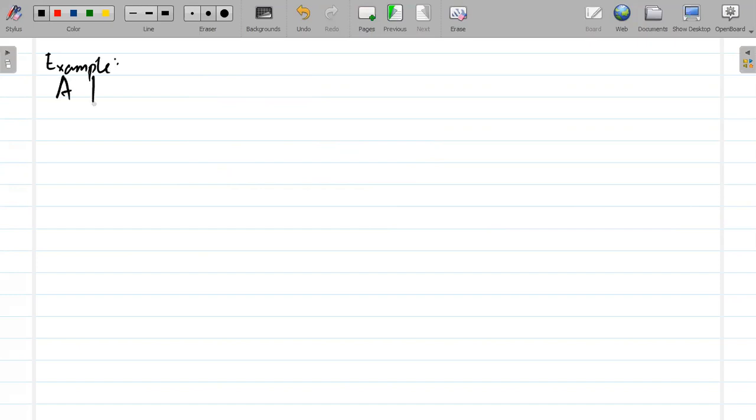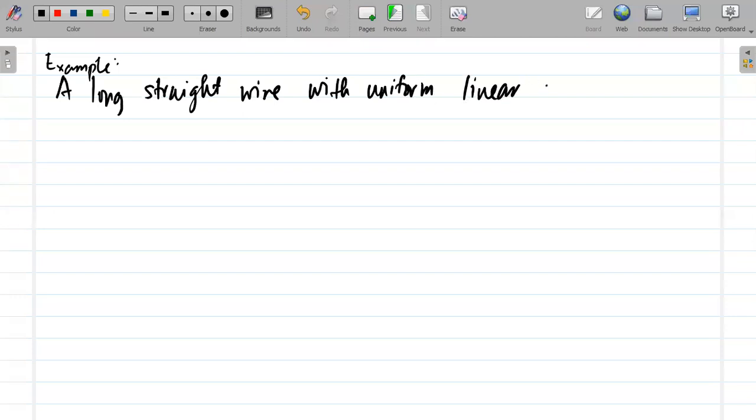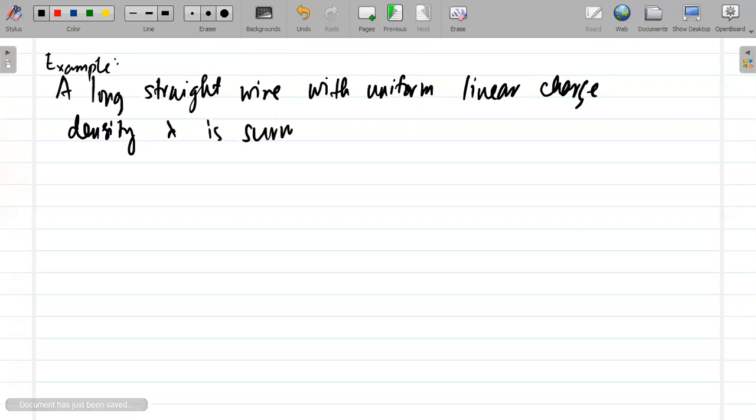So example tayo. Suppose we have a long straight wire with uniform linear charge density, let's say lambda. This is surrounded by a rubber insulation.